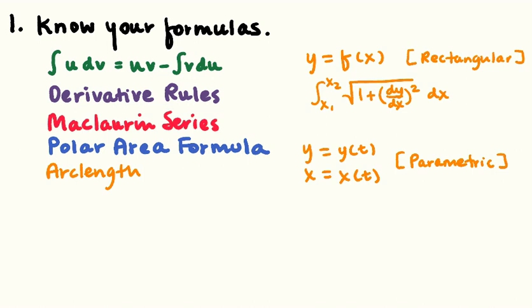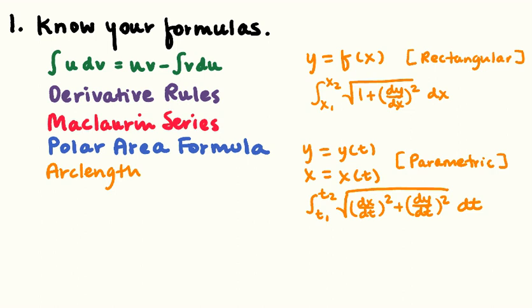But either way, my point stands. If it's given to you parametrically, you're going to integrate over some sort of time interval, and then you end up with the square root of (dx/dt) squared plus (dy/dt) squared dt. All right, so these are the arc length formulas.